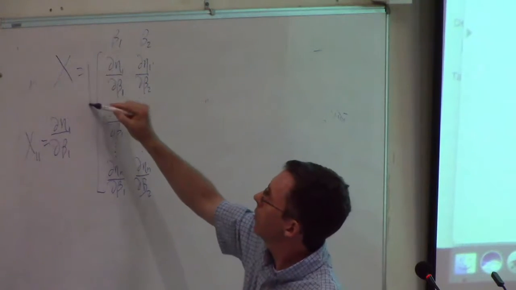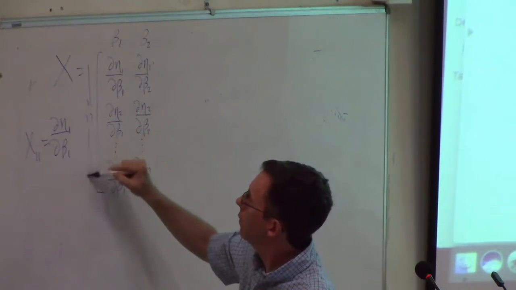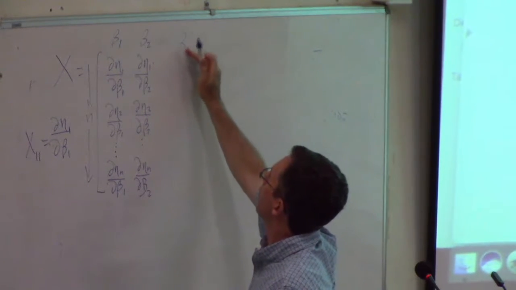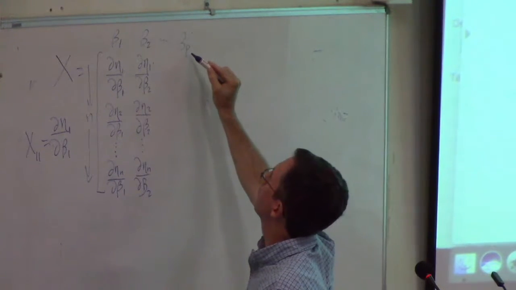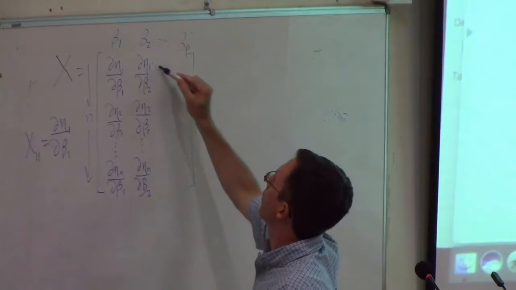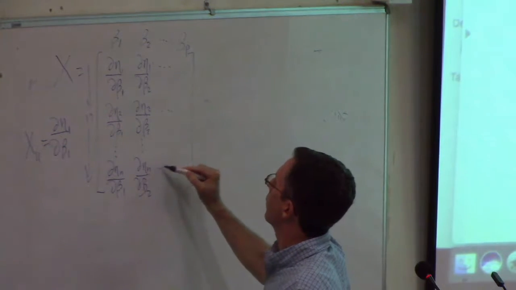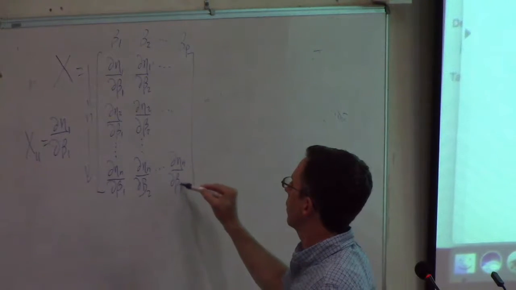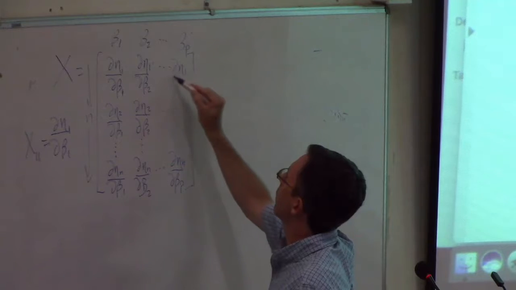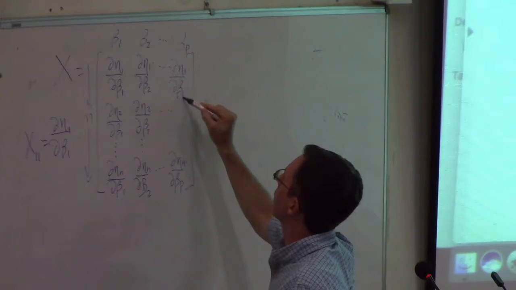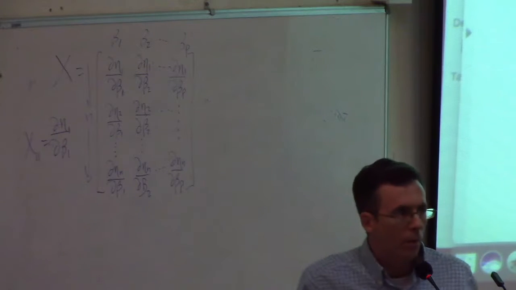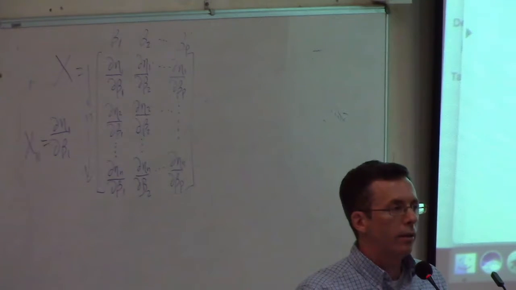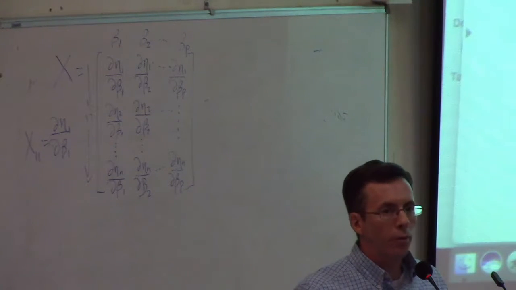So that's why the sensitivity matrix is always n by p. N is the number of data, p is the number of parameters.